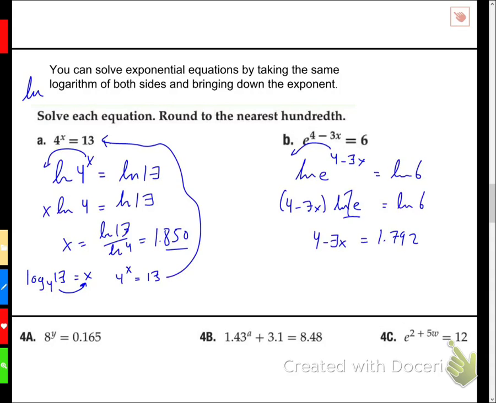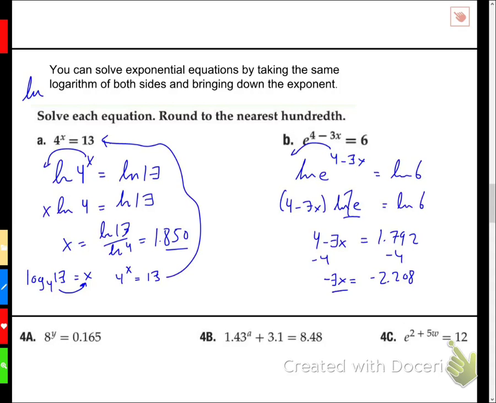Okay, so 1.792. So let's subtract 4 from both sides. Negative 3x is equal to that minus 4, which is negative 2.208.